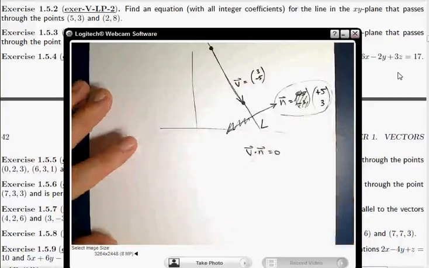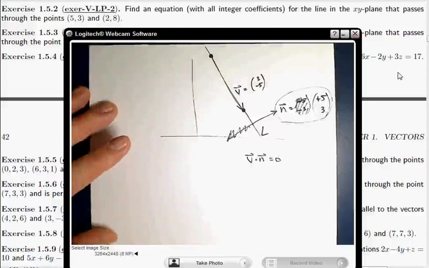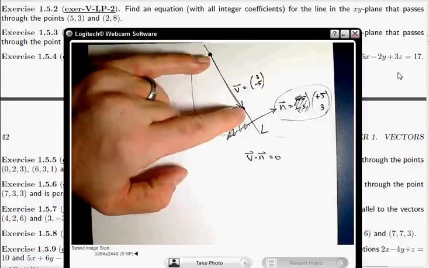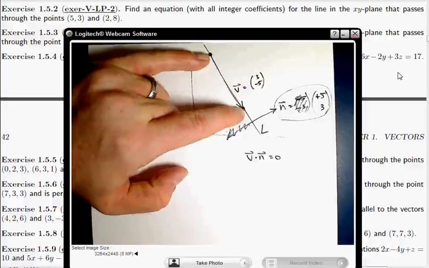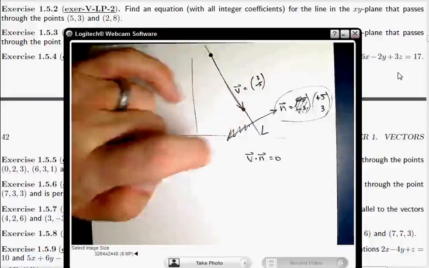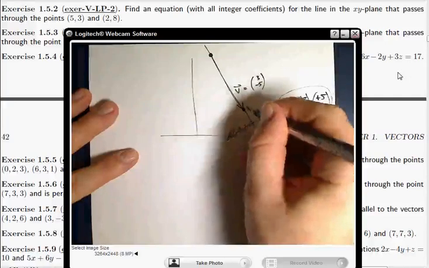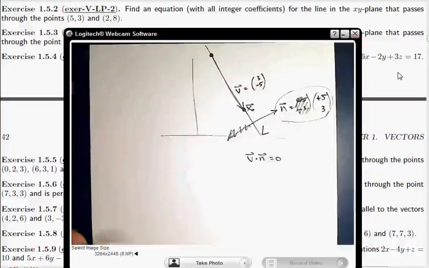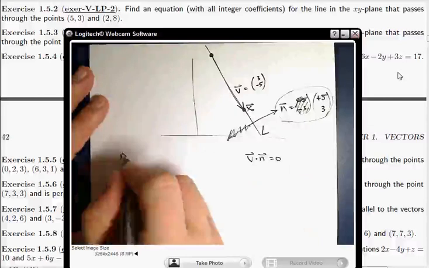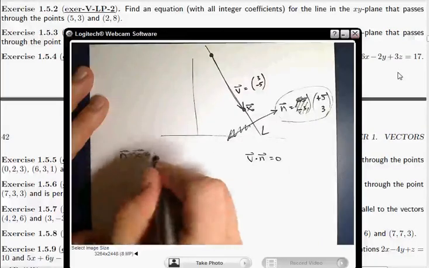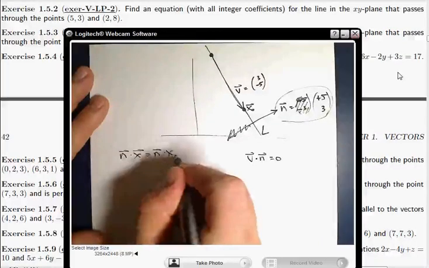(5, 3), and now I need to find a point on this line. Oh, I've got 2 of them. I can choose either one. It doesn't matter. (5, 3) and (2, 8). So I guess (5, 3), whatever. We'll call this x naught. So the equation of my line is n dot x equals n dot x naught.